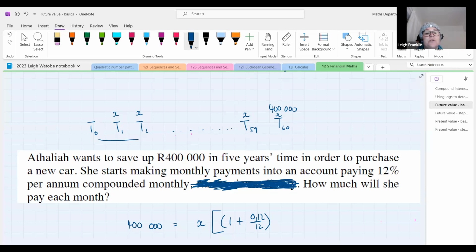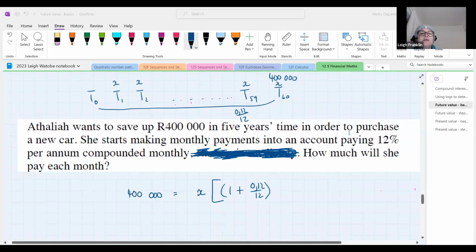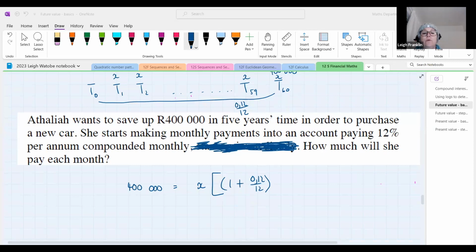Interest rate from start to end doesn't change. It's 12% compounded monthly. Okay, so here there is no +1. Okay, so it will simply be 60 payments. Okay, 5 times 12.